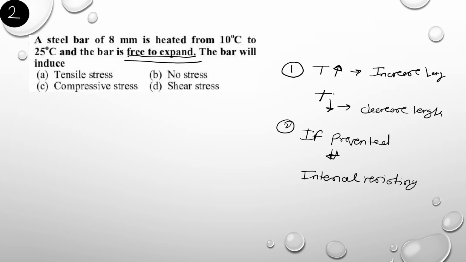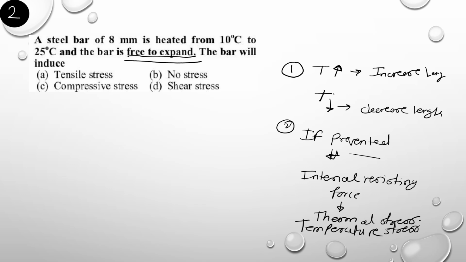If expansion and contraction is prevented, then internal resisting force is generated, and that is known as temperature stresses or thermal stresses.